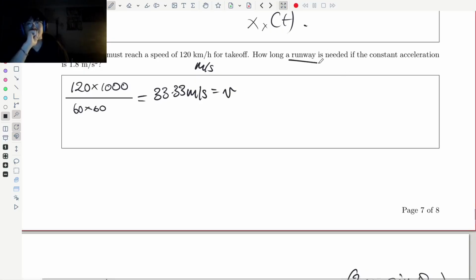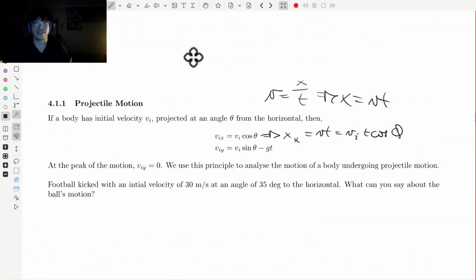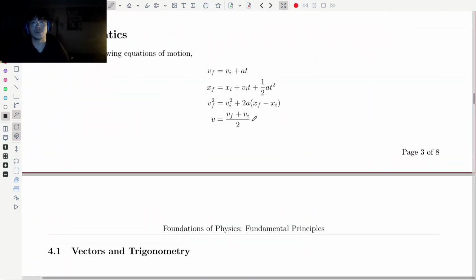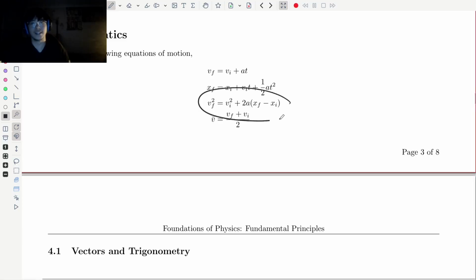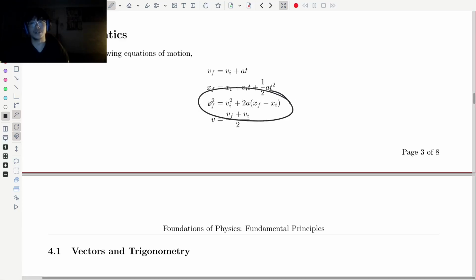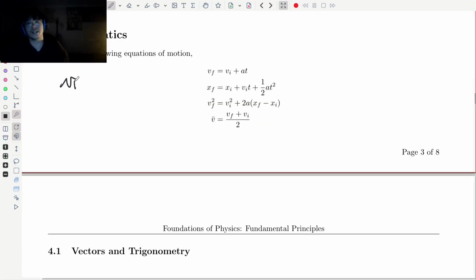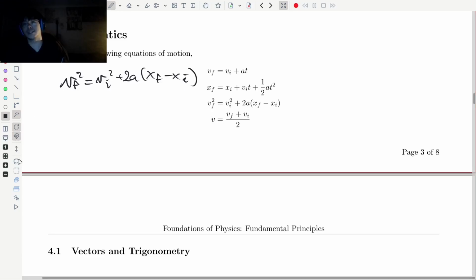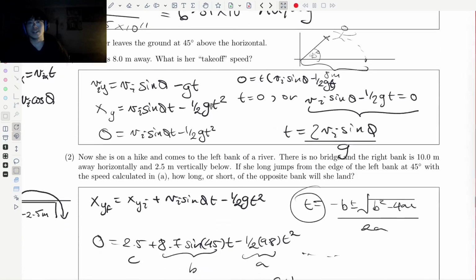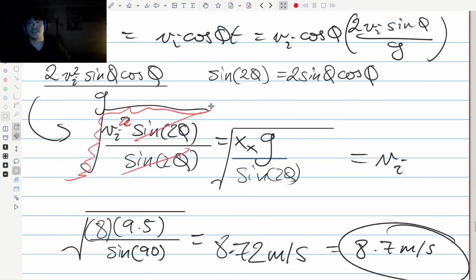Now we want to find our displacement given an acceleration, so let's look at our equations and find that this is the one that we're going to use because it does not have a t. So we have vf squared is equal to vi squared plus 2a times xf minus xi. So we can bring this down here.